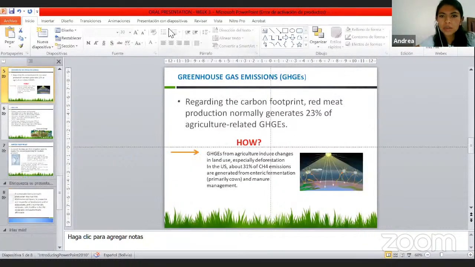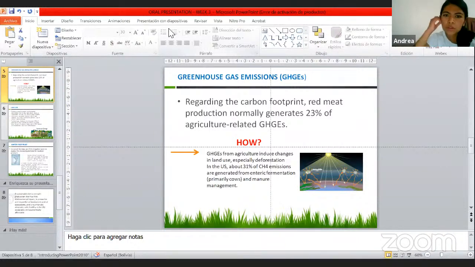So greenhouse gas emissions is the first benefit. If we reduce meat consumption, we can reduce emitting greenhouse gas. This is important because of the carbon footprint.